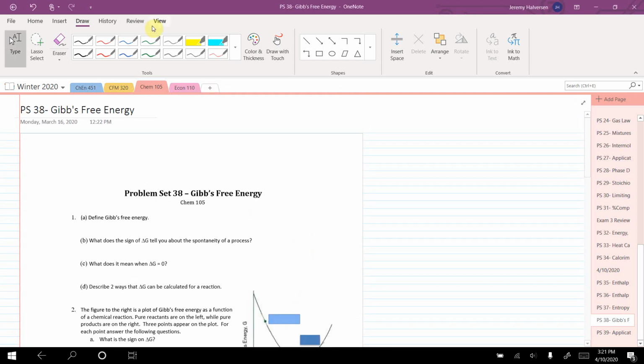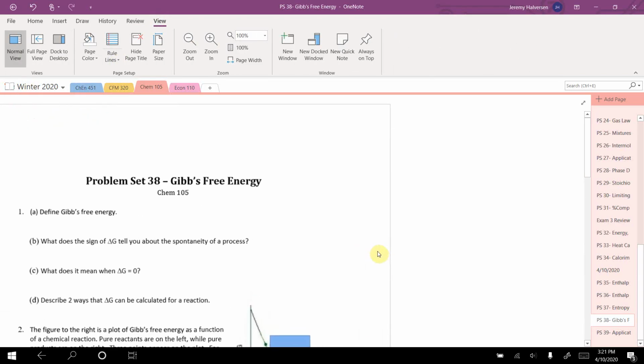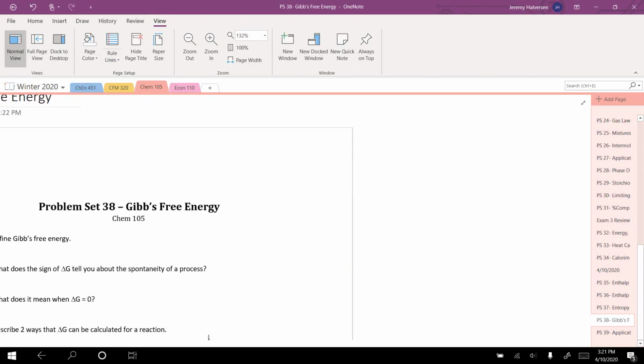All right, this is problem set 38. We get to introduce Gibbs free energy. So we've been talking about enthalpy, which is heat. That tells us if something is exothermic or endothermic.